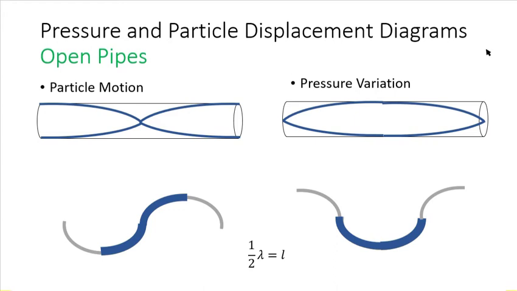Now looking at the open pipe model, the same thing is occurring. I've used the particle model, so I'm saying that the particles are in the least amount of motion right in the center, and in the openings the greatest motion will be experienced there.